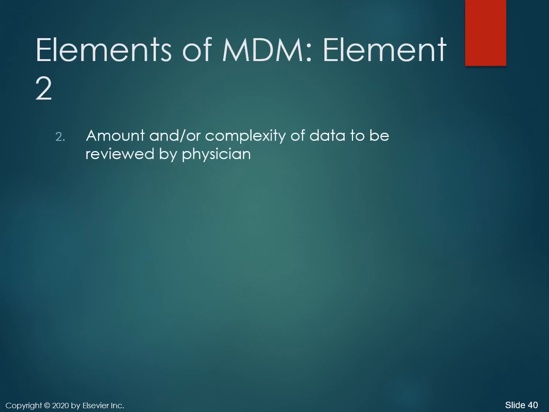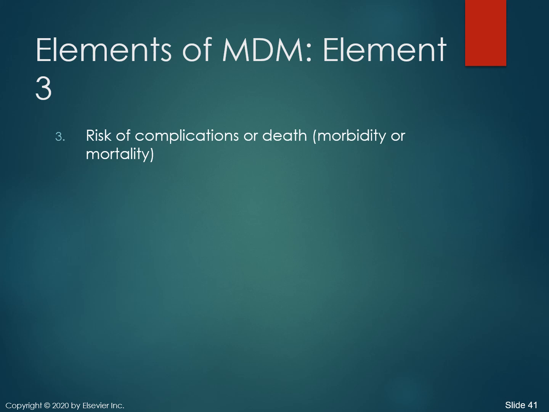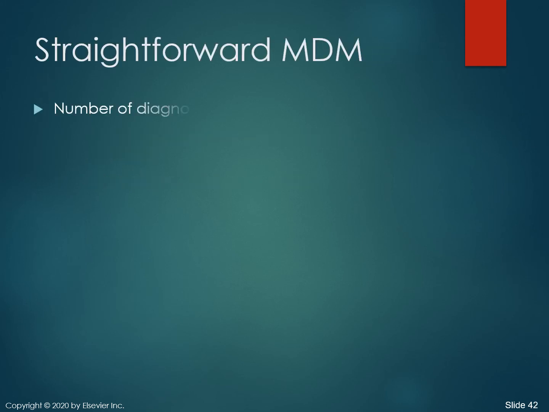Also, the amount and/or data to be reviewed. It could be minimal, it could be extensive. And third, the risk of complications or death if the problem goes untreated. Straightforward medical decision making: number of diagnoses or management options would be minimal.